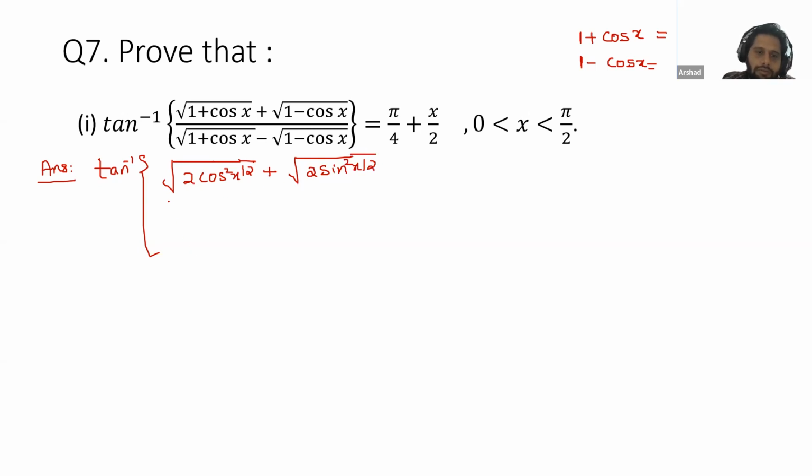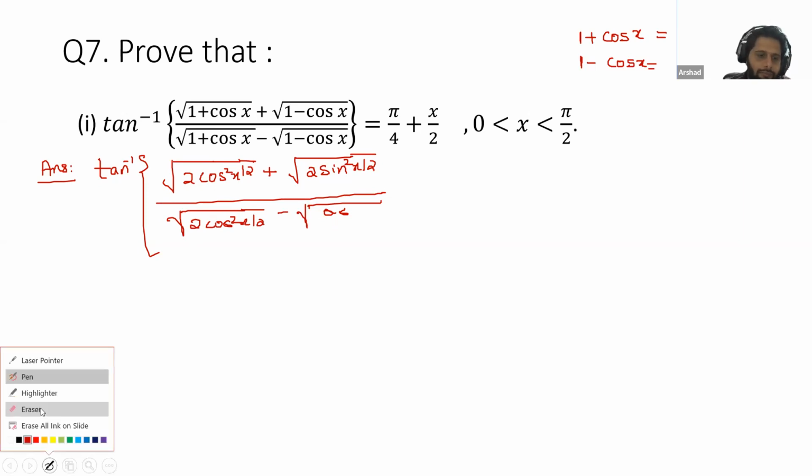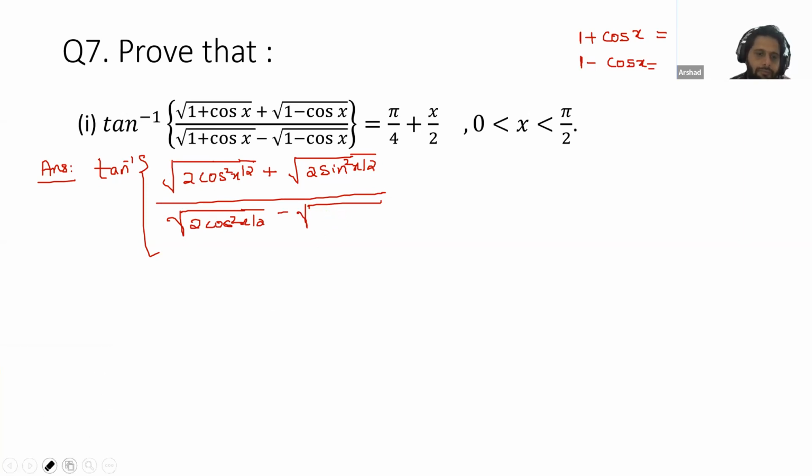So under root 1 plus cos x, we put 2 cos square x by 2, minus under root 1 minus cos x, we put 2 sin square x by 2.